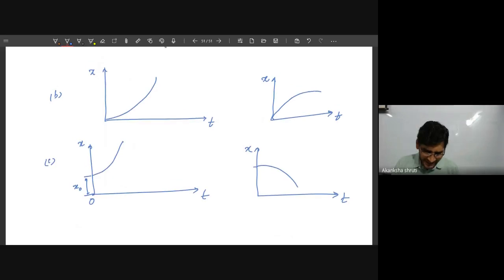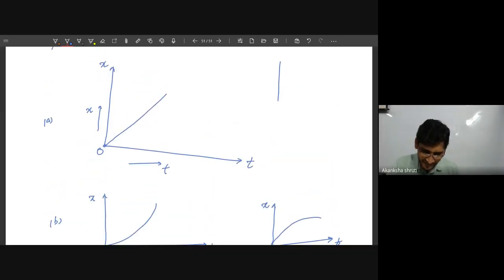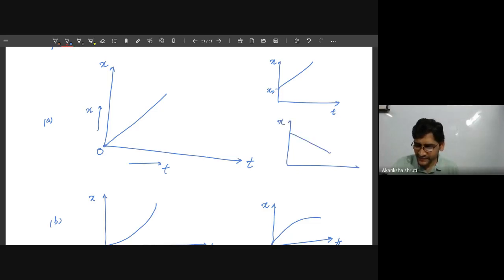It may be a straight line starting from a certain position x0, and it may be possible that the position is going to decrease. This is our origin, this is our x0. x0 means it is this much length. So these are the various graphs.